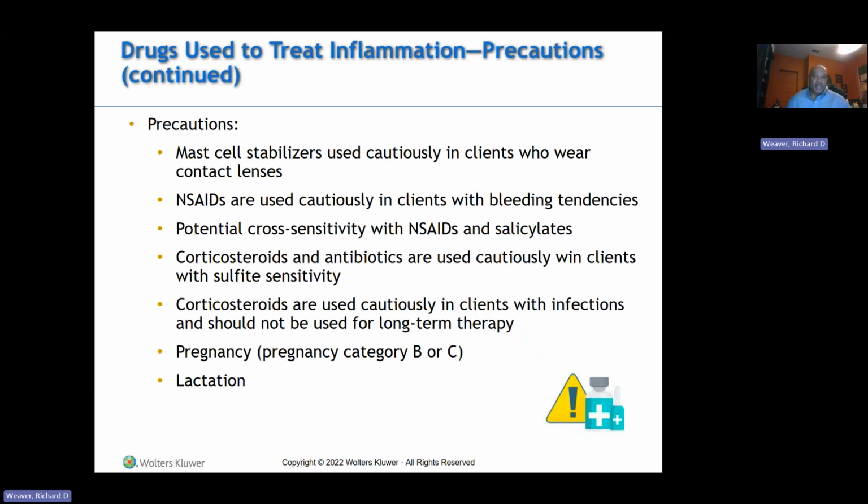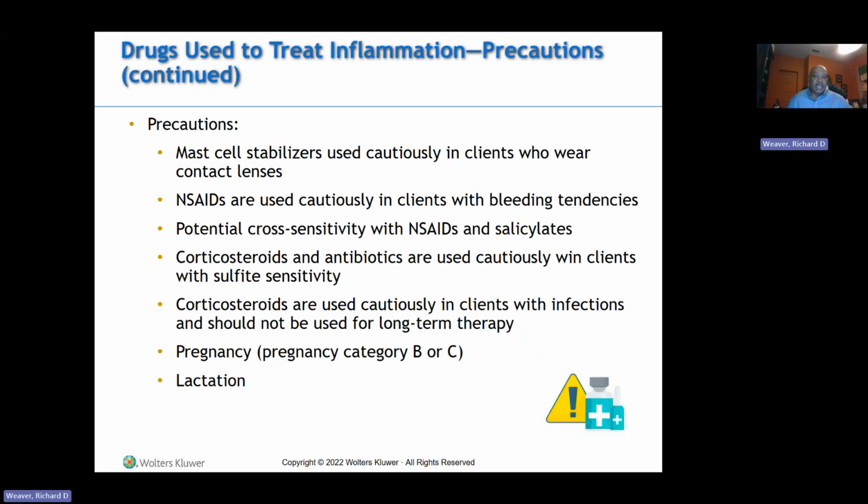Now, when used topically, there's less risk of interaction with drugs or other substances, because topical medications or preparations have less of a systemic effect. Now, there is a possibility of a cross sensitivity reaction when NSAIDs are administered to patients with allergies to salicylates or aspirin.